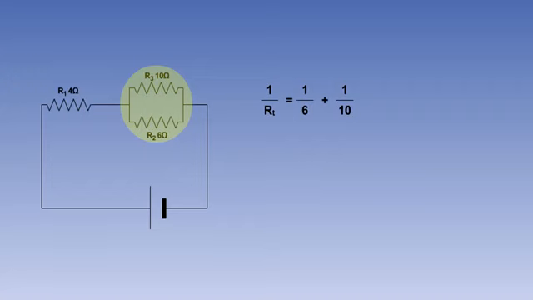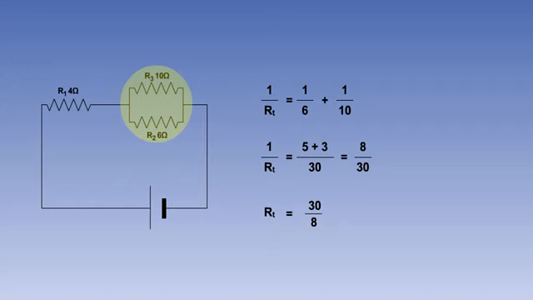Using the formula for parallel resistors, 1 over RT equals 1 over 6 plus 1 over 10. The lowest common denominator for 6 and 10 is 30. So we can rearrange the calculation to say 1 over RT equals 5 over 30 plus 3 over 30, or 8 over 30.